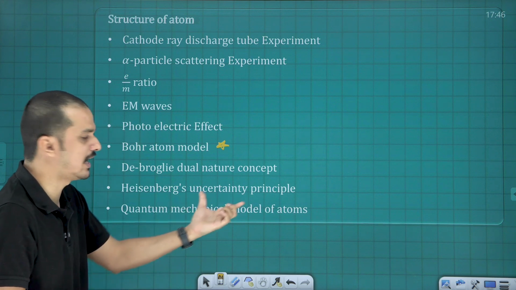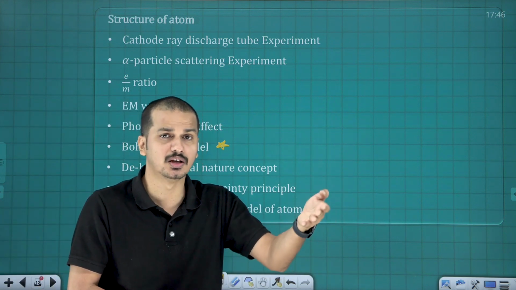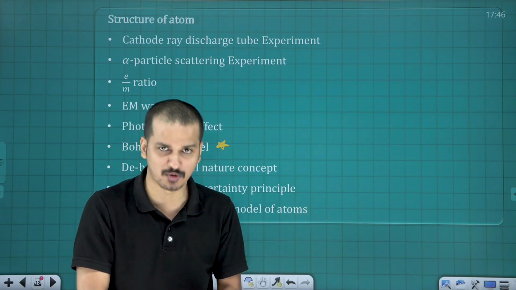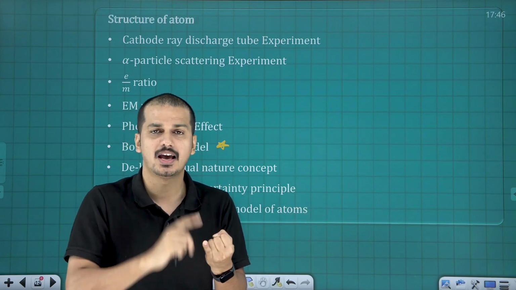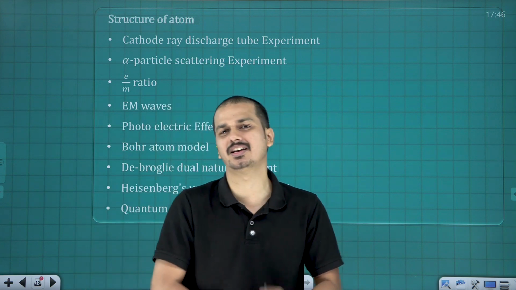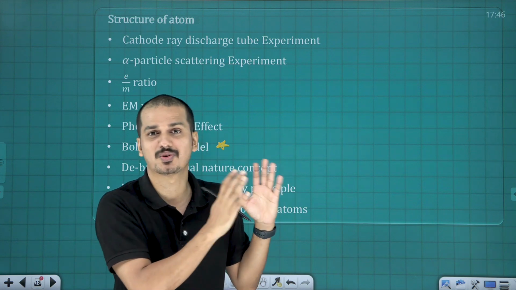Then the quantum mechanical model of atoms, and finally the electron filling in atomic orbitals. During that, they follow some rules like the Aufbau principle, Hund's rule, and Pauli's exclusion principle. That much idea we have to go through, and then we can say our chapter structure of atom is finished.